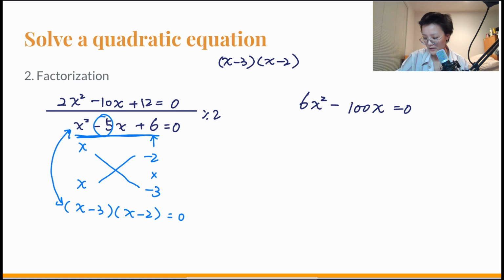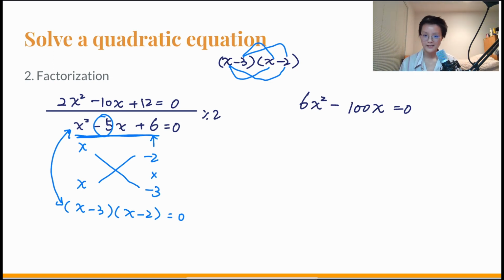We will do x times x, x times -2, -3 times x, -3 times -2. And this factorization is just a reversion of this step. But yeah, you do have to have some practice and some intuition to figure out what the factors should be, so that by adding them you get the middle term of -5.